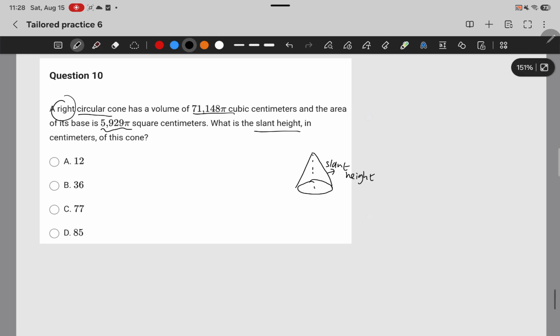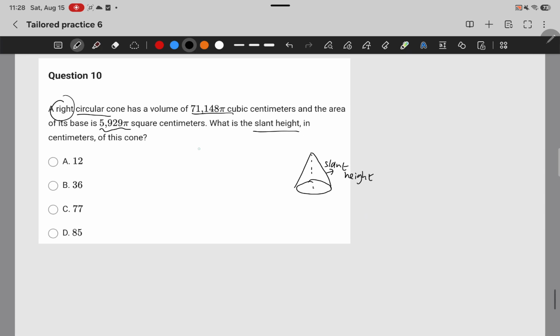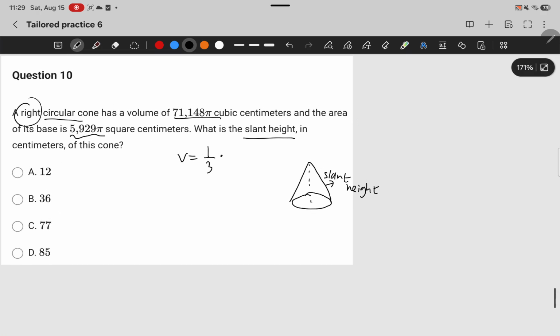So the volume is actually 1/3 of the volume of a cylinder with the same circle and height.